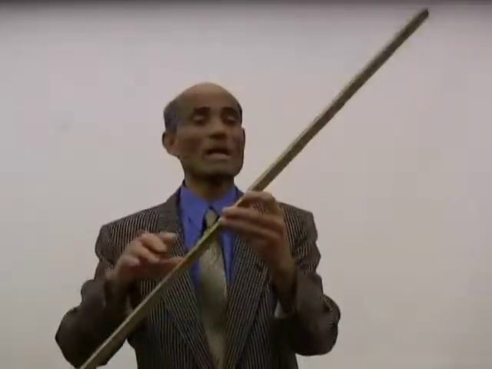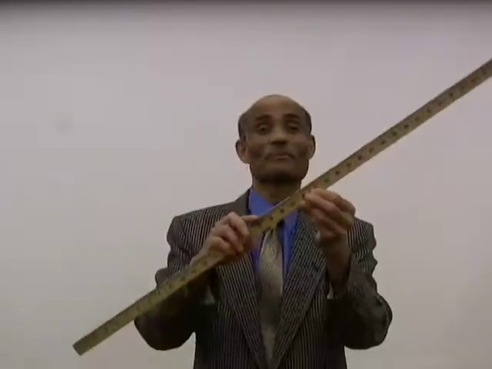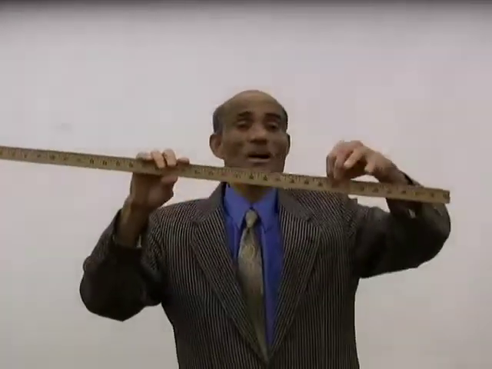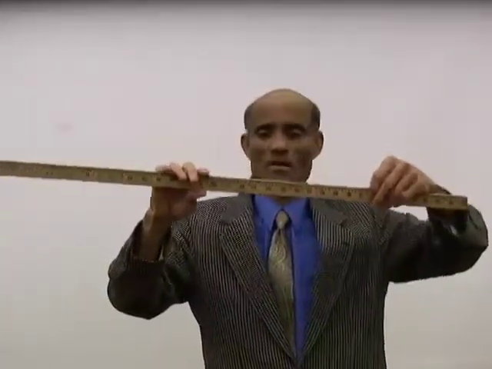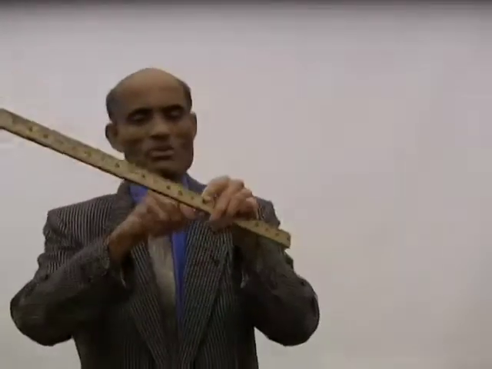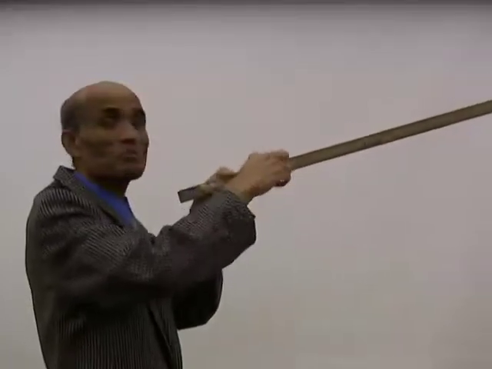Now look at the meter rule here. I can rotate this meter rule very easily about its center of mass. That means its moment of inertia is the least about its center of mass. Suppose I want to rotate this ruler about an axis passing through this point.